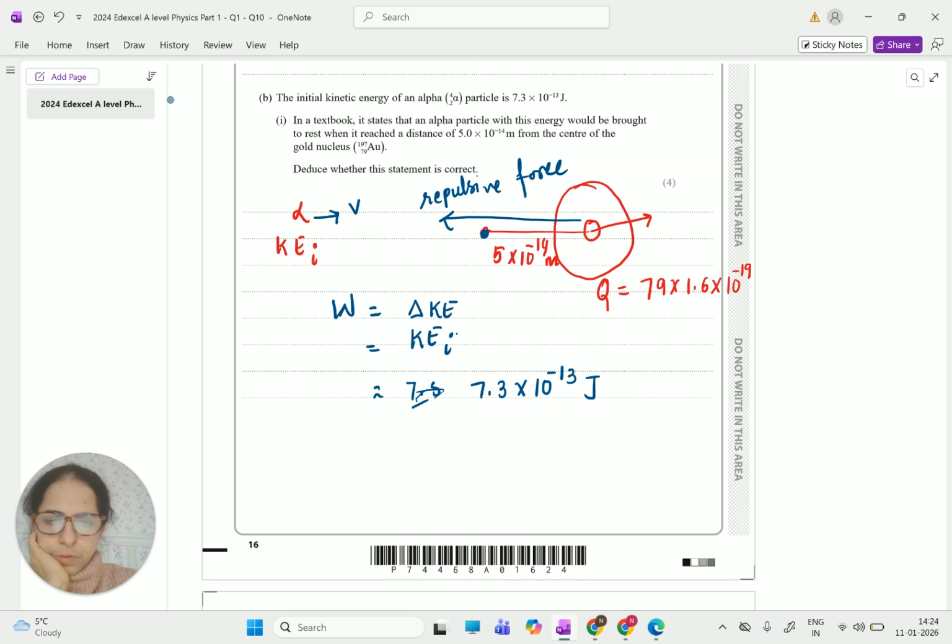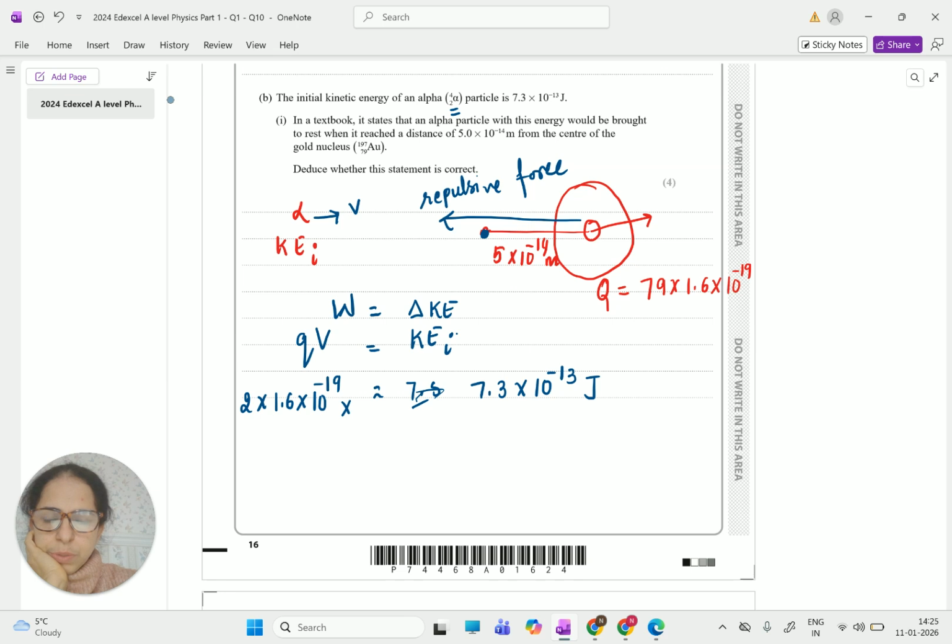Now the work done by this force. I'm going to calculate the work done using the formula QV, charge times potential. The charge of the alpha particle is 2 times the charge of a proton, 10 to the power minus 19, because it has 2, times the potential.